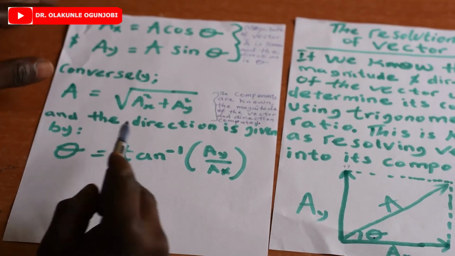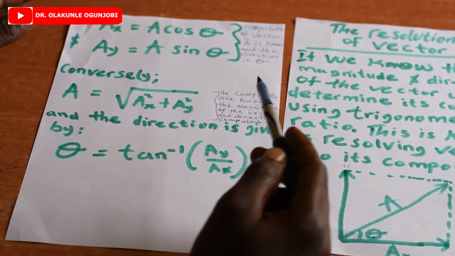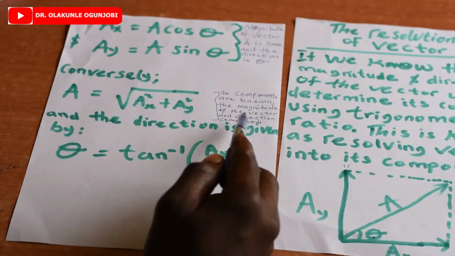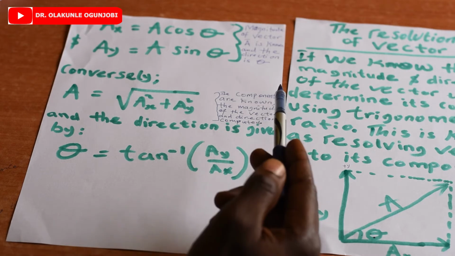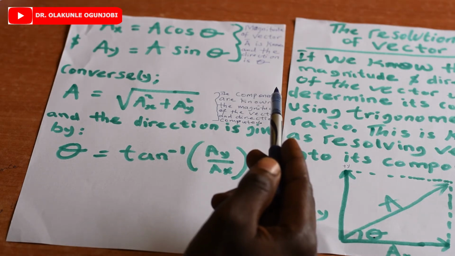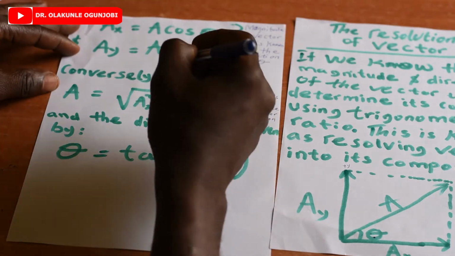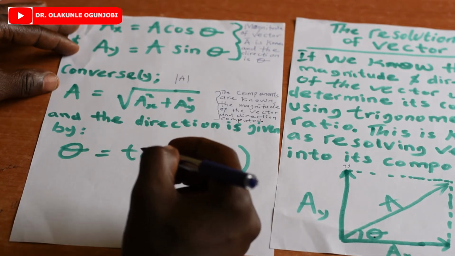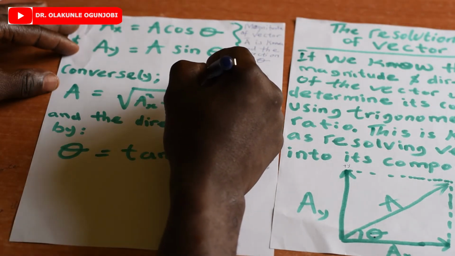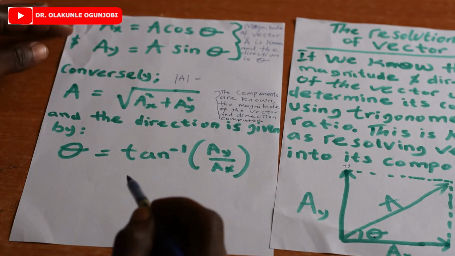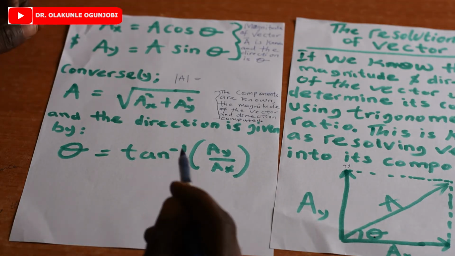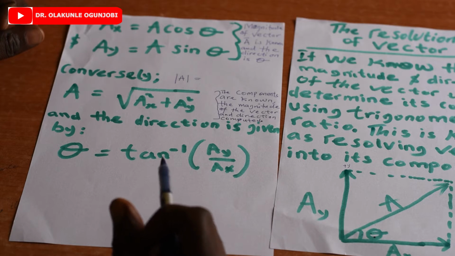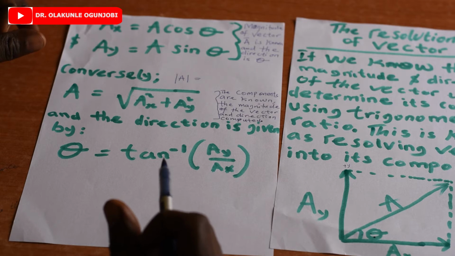In this case, the components are known, and the magnitude of the vector and direction can be computed.